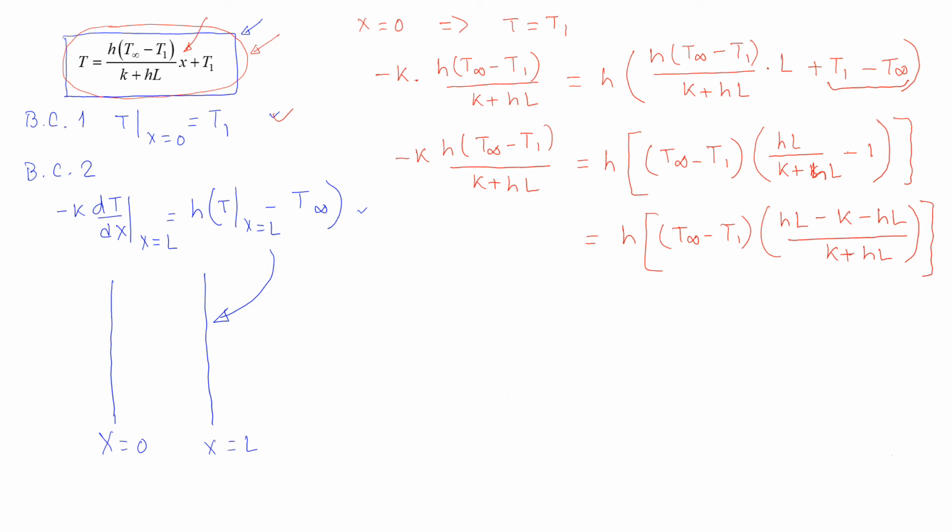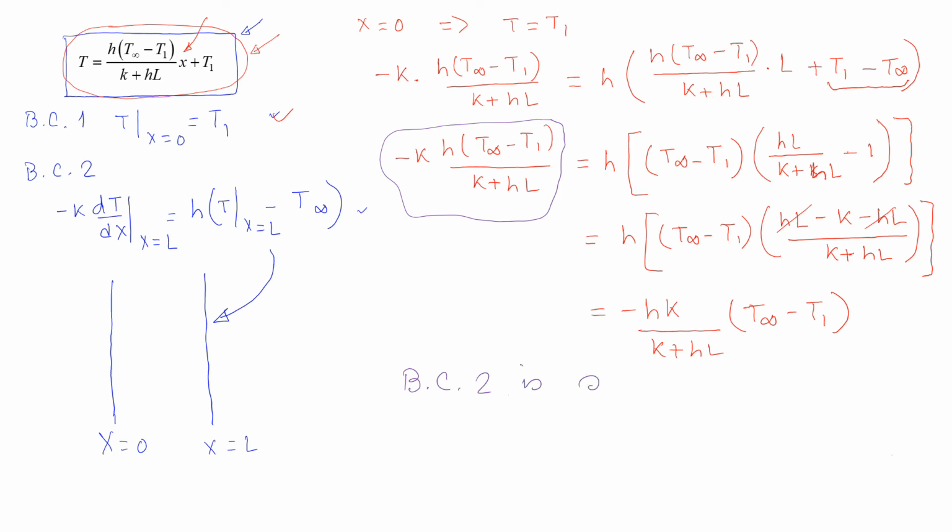These two cancel, so I bring the minus in front, and I get minus h times k over (k plus hL) times (T infinity minus T1), which is exactly the same as this one here. So both sides are equal, which means boundary condition 2 is satisfied.